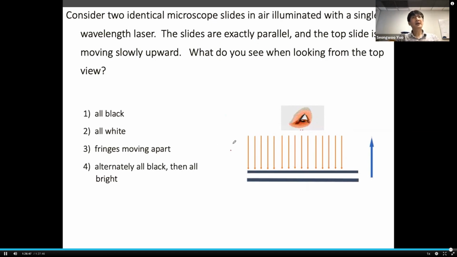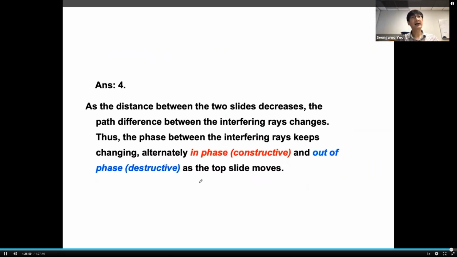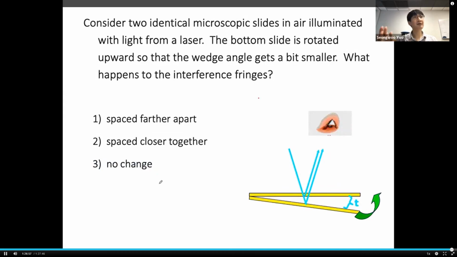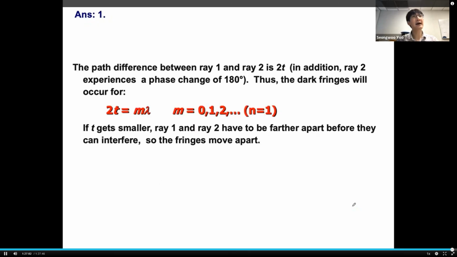When we increase the gap, we will see alternating dark and bright fringes. And when we reduce the overall thickness of the air gap, the fringes will move apart. They will spread out because the second dark fringe condition is only satisfied at a longer distance from the contact point.